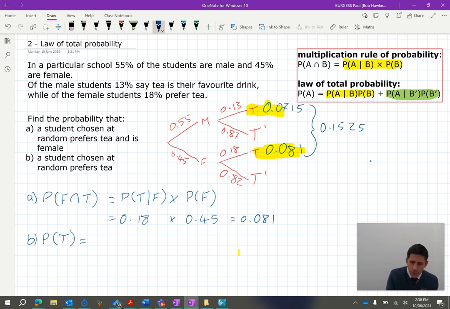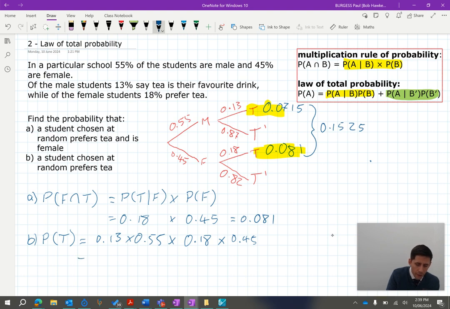If I work that through, it would just be 0.13 times 0.55. That's the probability of T given M, multiplied by the probability of M. Then I go down these branches: the probability of T given F, which is 0.18, times the probability of F, which is 0.45.